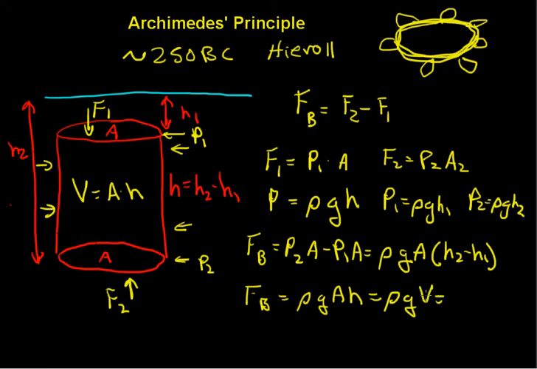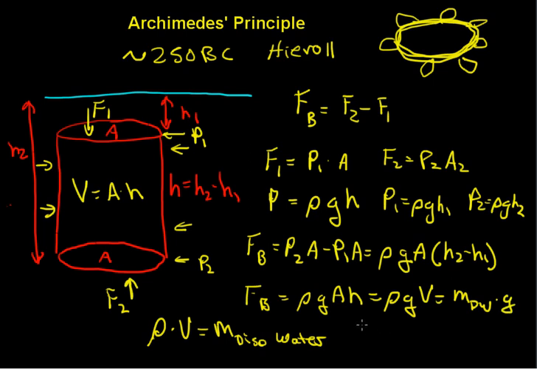But rho times the volume is just the mass of the displaced water. The volume of the cylinder times rho is just the mass of an equivalent amount of water that would fill this cylinder. And so this is just the mass of the displaced water times g.